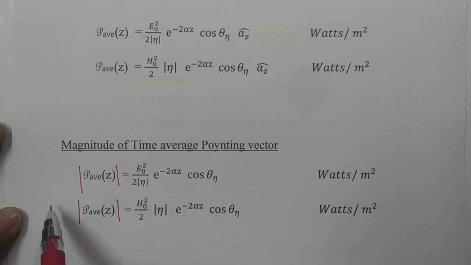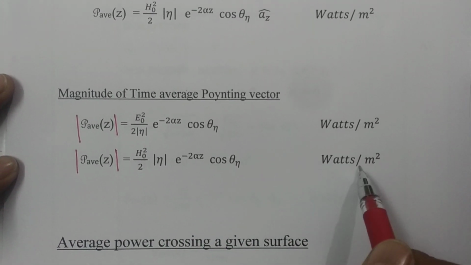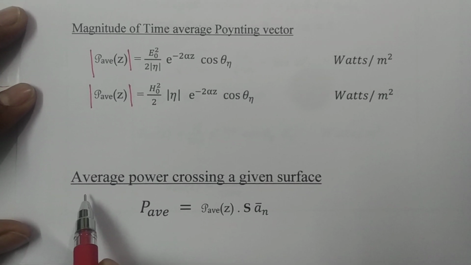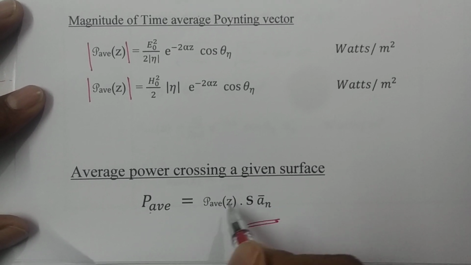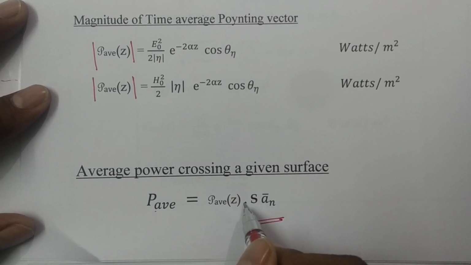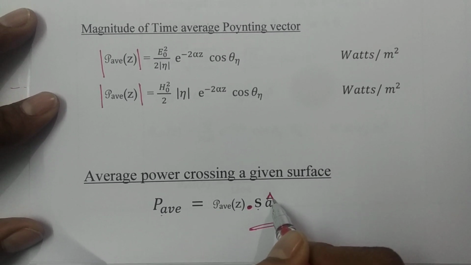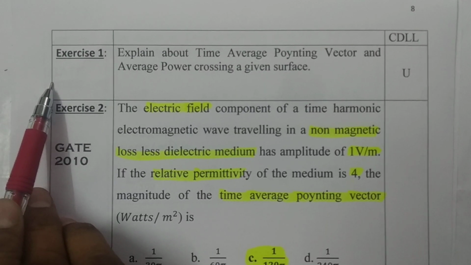Magnitude of time average Poynting vector, again the units are watts per meter square. Average power crossing a given surface, P average is equal to P average of z, this is the dot product, surface area, normal vector perpendicular to the surface.